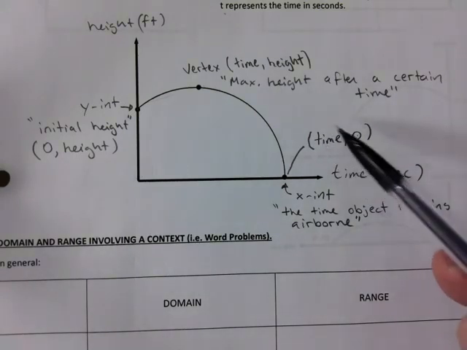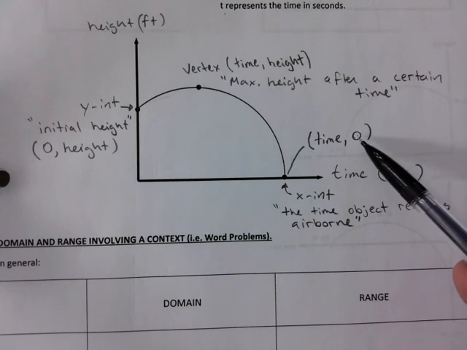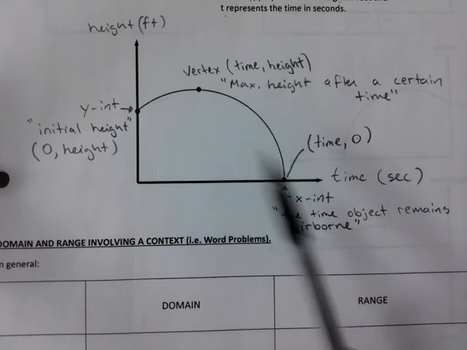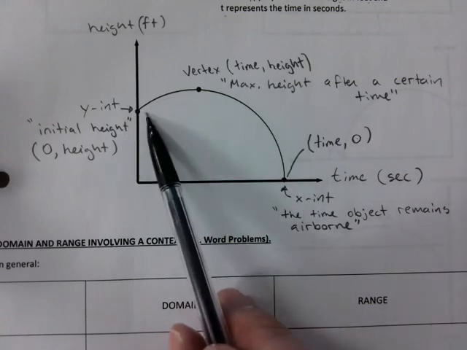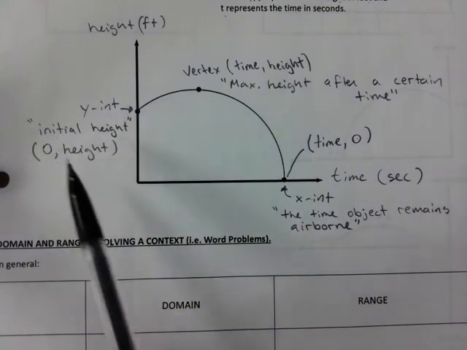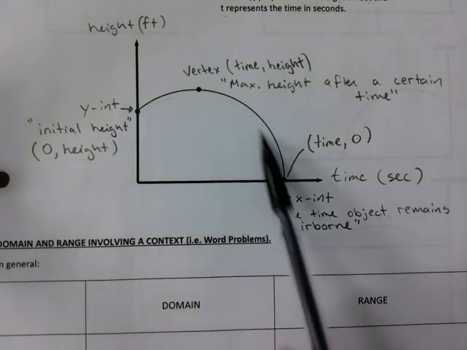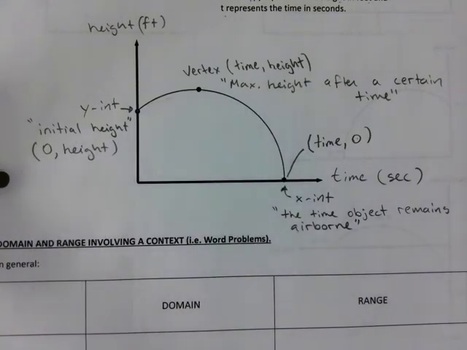Here, you have a certain time when the height is 0. So we still have our intercepts, but they mean something. This is the initial height in this case. At time 0, just before time starts running for that scenario to take place, you have a certain height. And vertex and so forth.